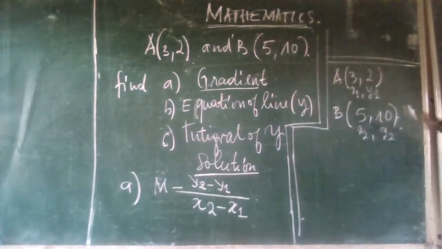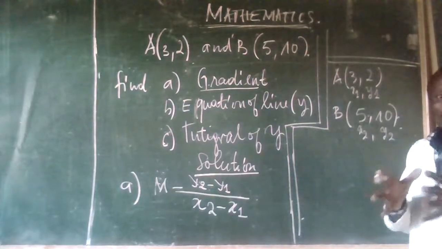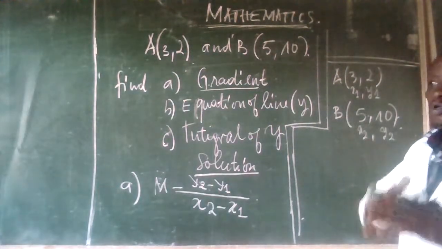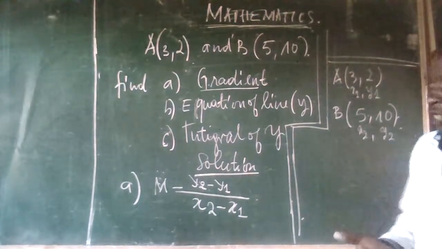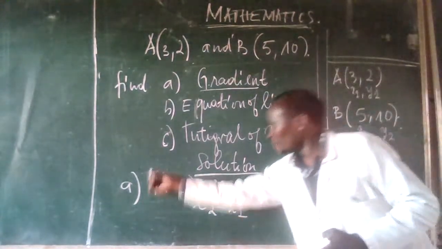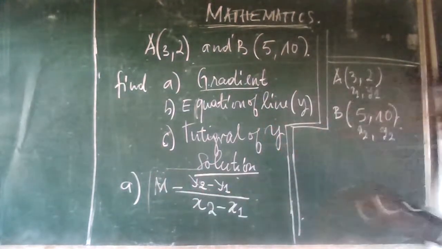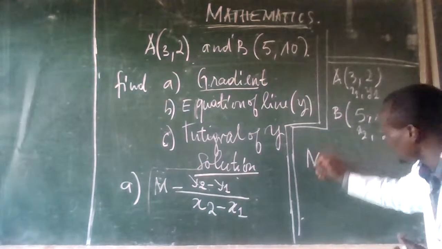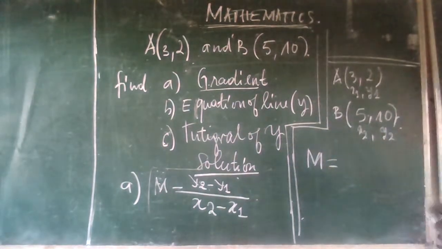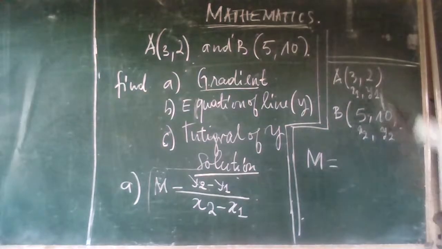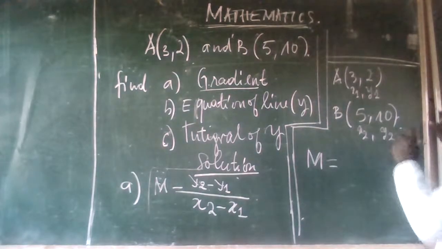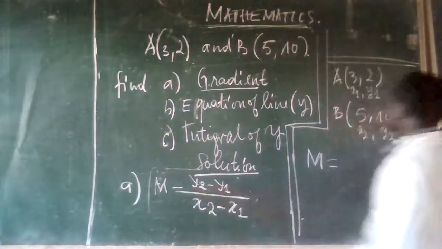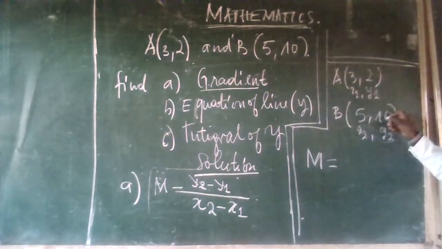So among those two points is where we find x1 and x2, also y1 and y2. Now let's find the gradient. It is m, which is, back to our formula here, y2, which is 10.